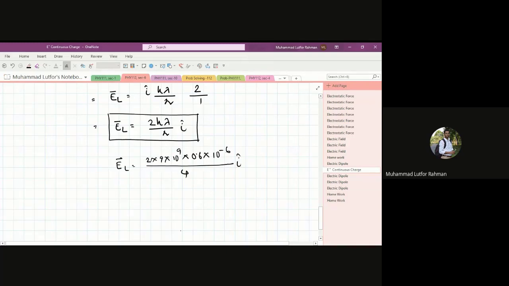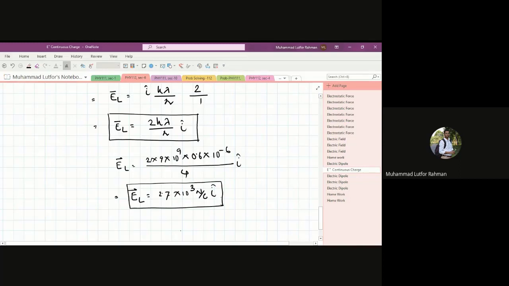So I'll find out this E_L would be 2.7 into 10 to the power 3 Newton per Coulomb. This is the electric field for the rod at the point P.